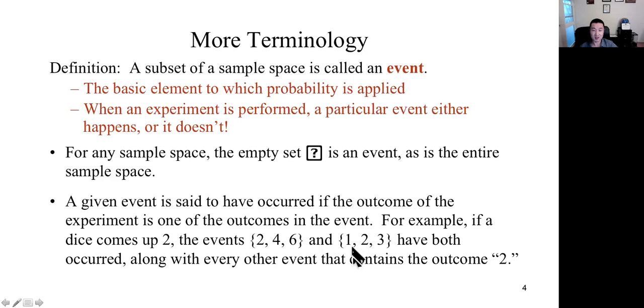And also the event of a number less than 4, which includes 1, 2, and 3, also occurs. So both of these 2 events occur when the die comes up with number 2. And also every other event that contains the outcome 2, for example, a number less than 5, also occurs when the die comes up with 2.